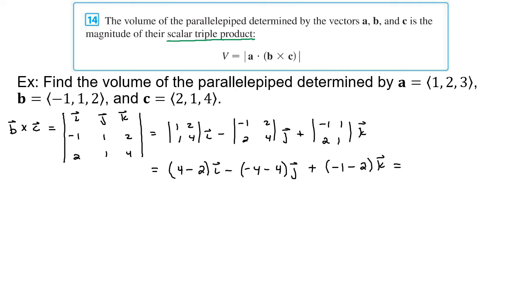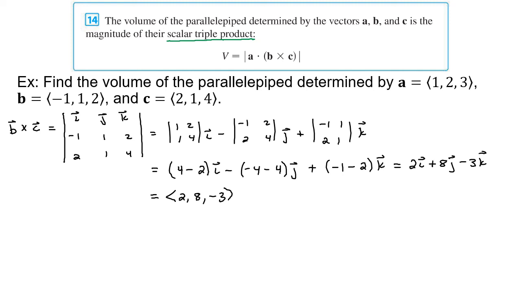This gives me 2I. Negative 4 and negative 4 is negative 8, but the negative in front makes it positive 8. And a minus 3K. Or, if you would rather write it as 2, 8, negative 3, that's okay as well.